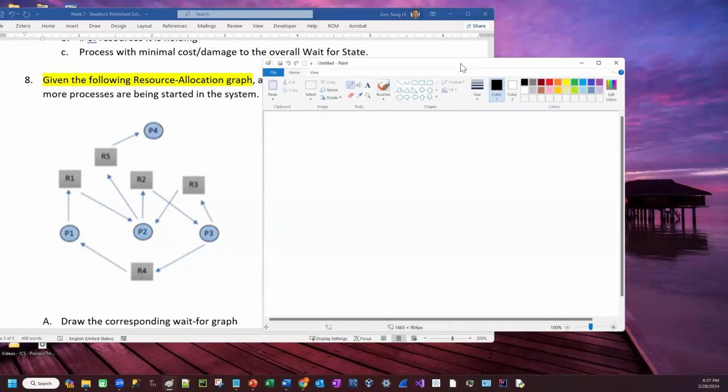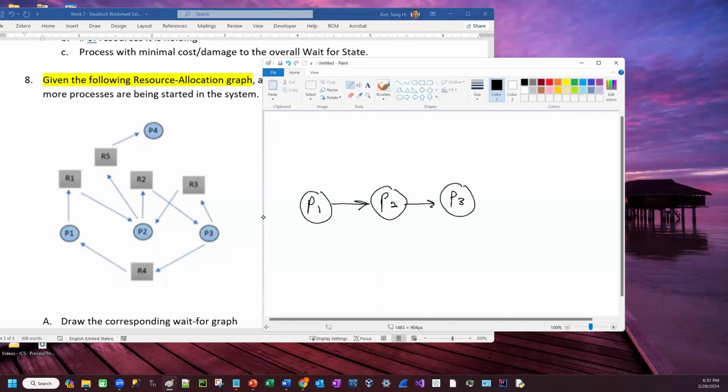So I'm going to look at P1. What is P1 waiting for? P2, right? So P1 is waiting for P2. And what is P2 waiting for? It's waiting for P3. And what is P3 waiting for?